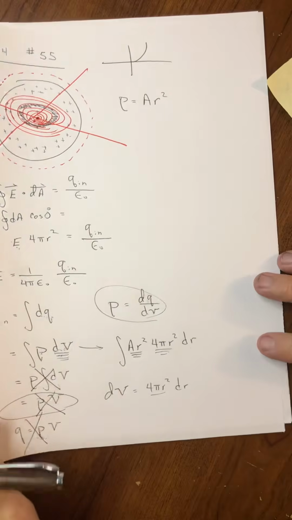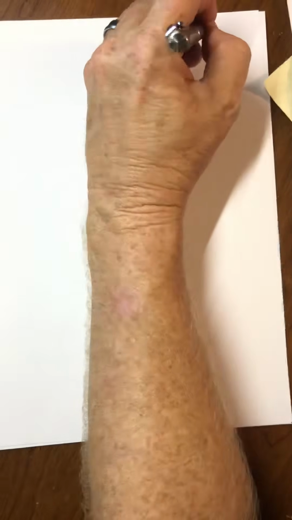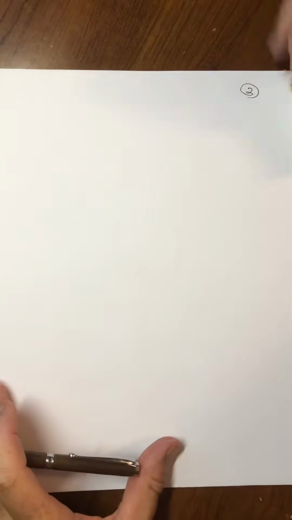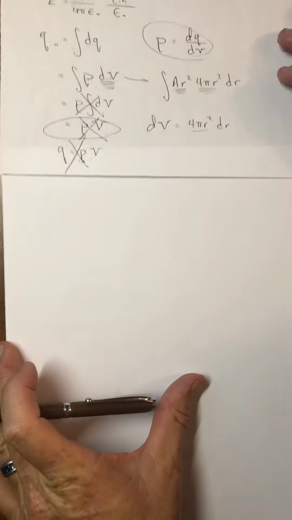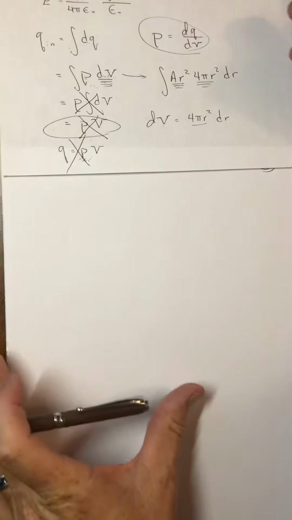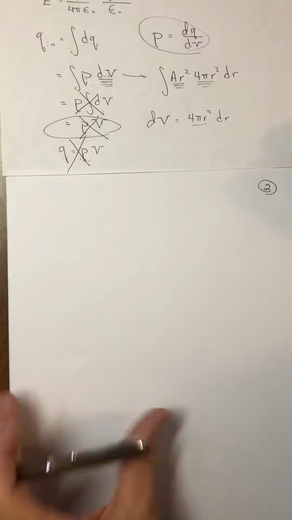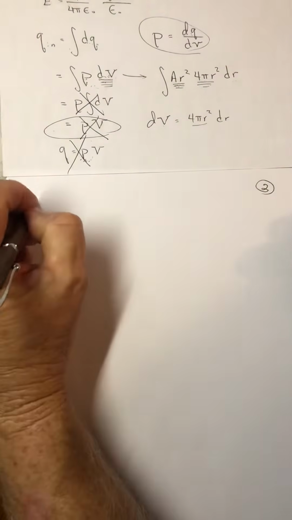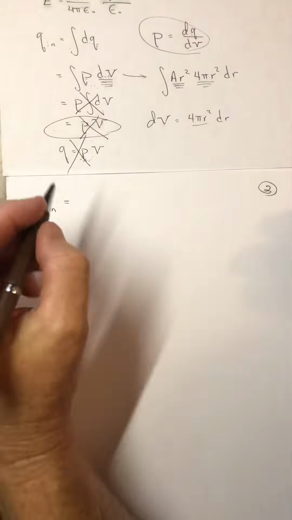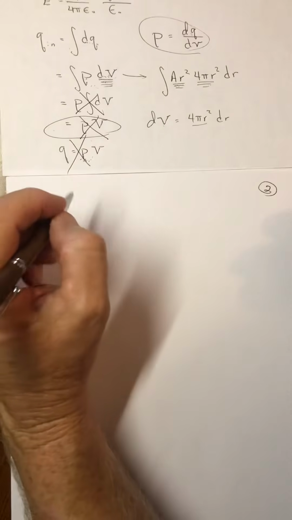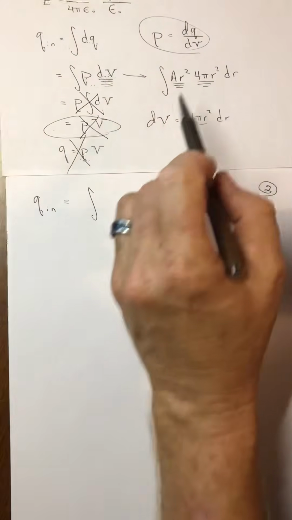All right, well, maybe I need to go to another piece of paper. Maybe I better label that as 1 in case I need to come back to it. Maybe I'll even bring it close by so you can see it there on the camera. Okay, but what I now have is the charge inside is equal to this integral, which I'll simplify.